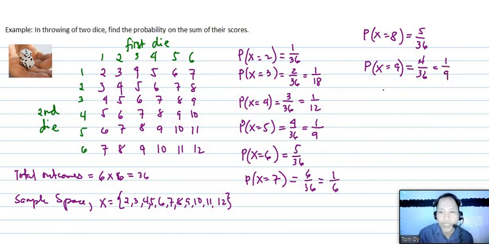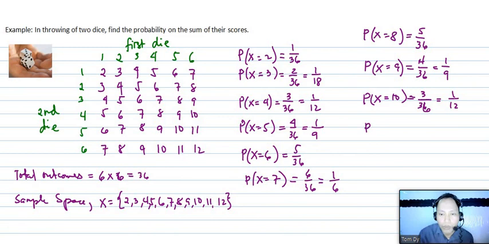Okay, and then the probability when x is equal to 10, how many 10s do we have? We have 3 over 36, which is equivalent to 1 over 12.